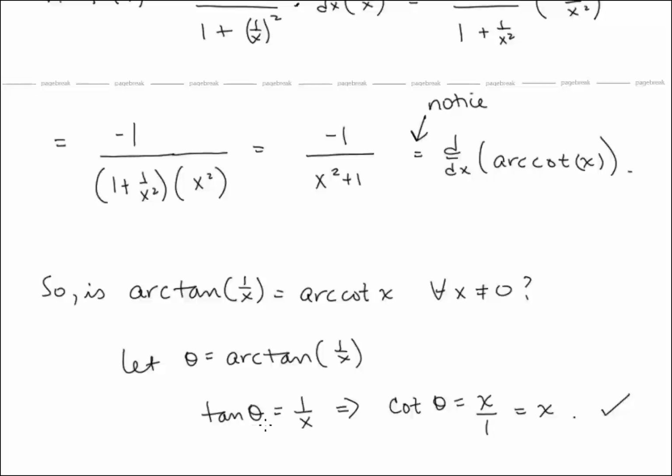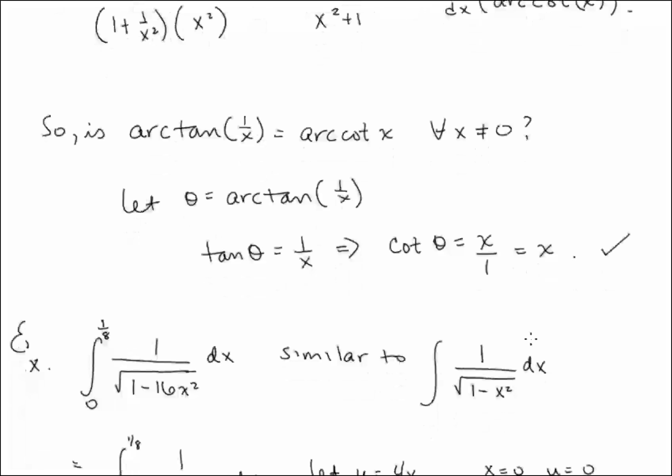Now if we take the reciprocal of both sides here, we get cotan of theta is equal to x over 1. Okay, and this says that theta equals arc cotan of x. So yes, this is true for all x, of course not equal to 0.